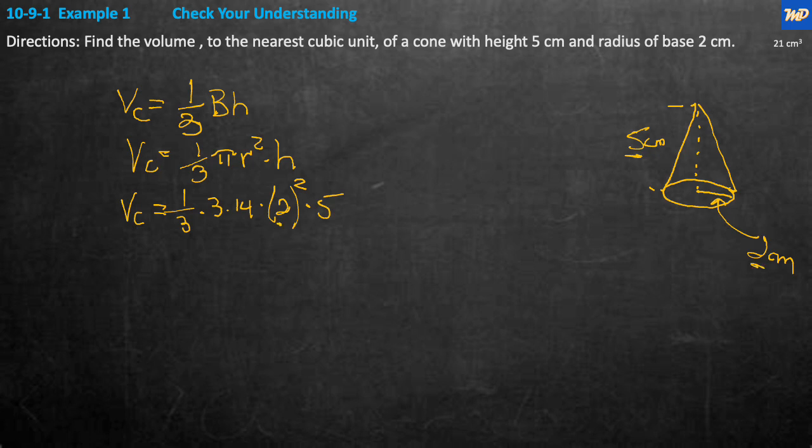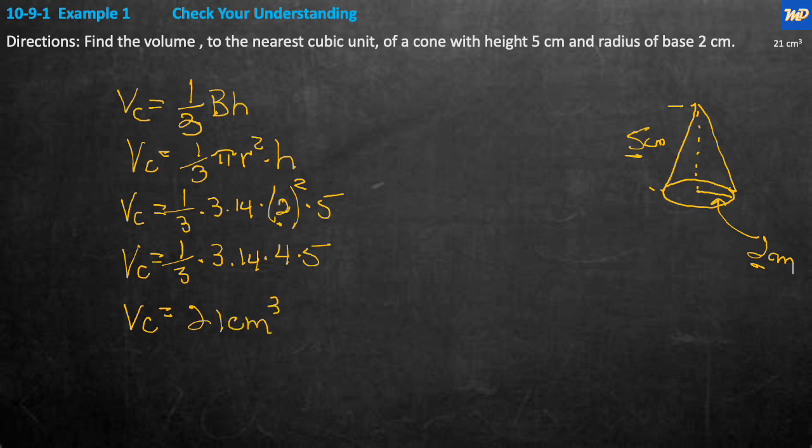So now we get V of the cone is 1/3 times 3.14 times 2 squared, which is 4, times 5. So if we carry this math out, we're going to get V of the cone is equal to 21 centimeters.